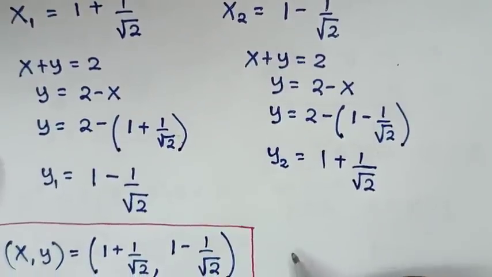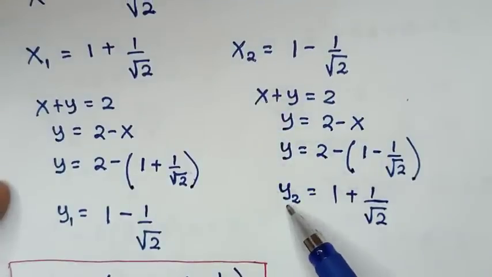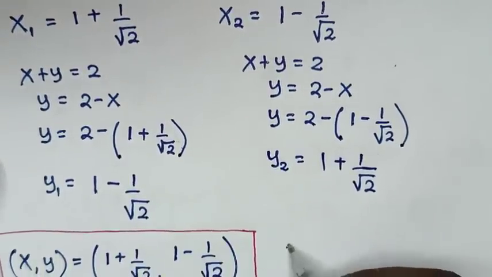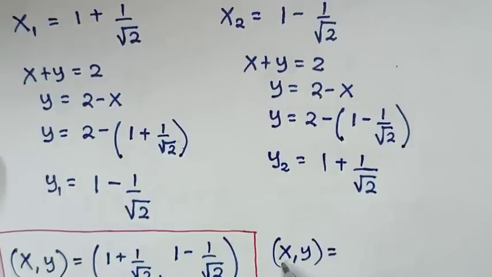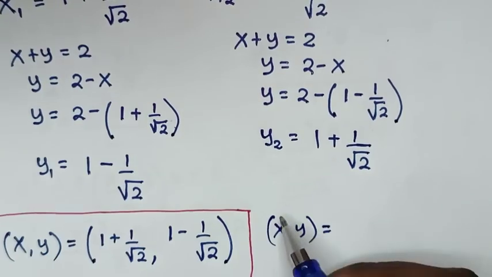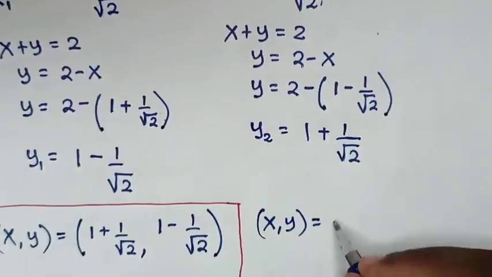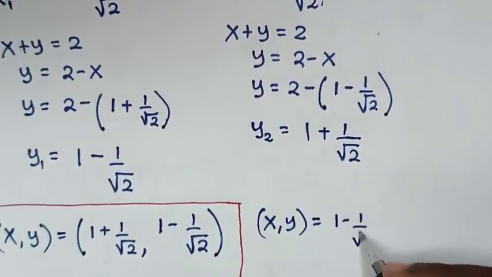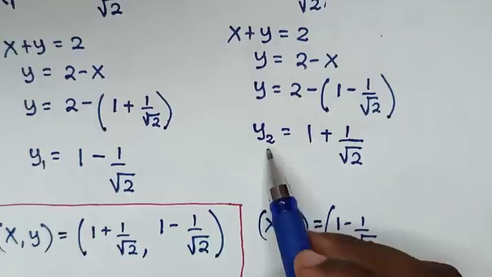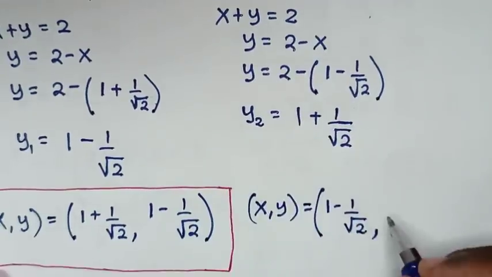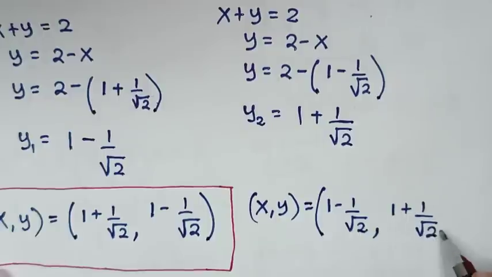Therefore, for the second values of x and y, let's write x comma y in brackets is equal to x, which is x2. X2 is this, so it will be 1 minus 1 over square root of 2, then comma y, which is y2, is this, 1 plus 1 over square root of 2.